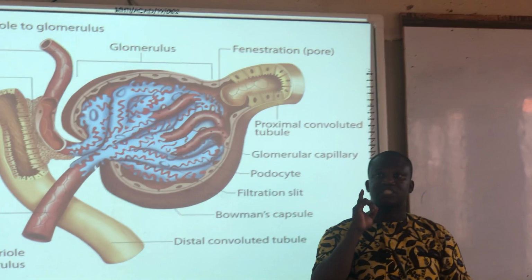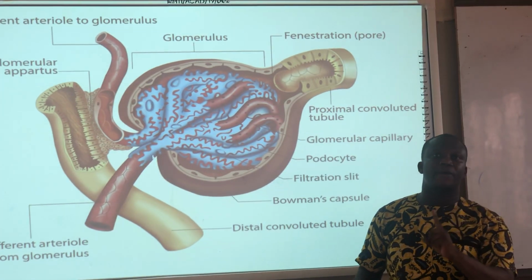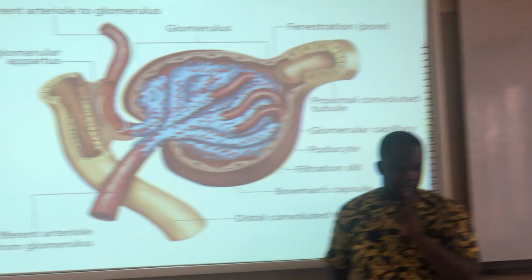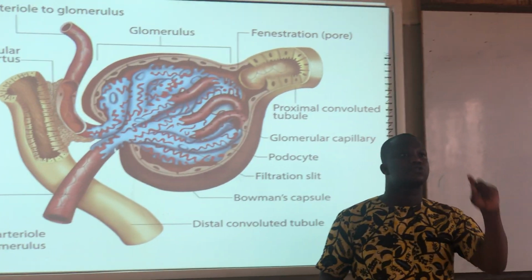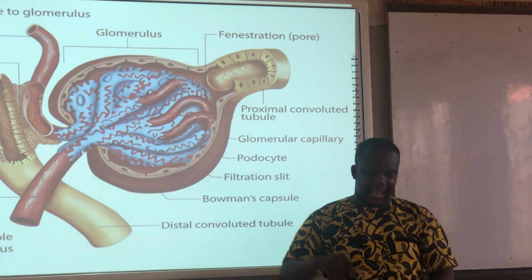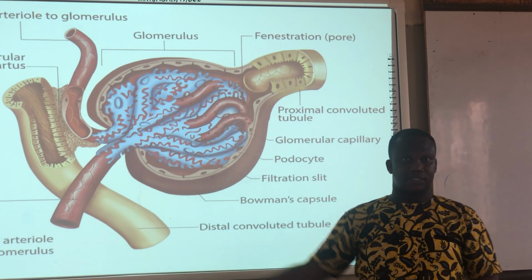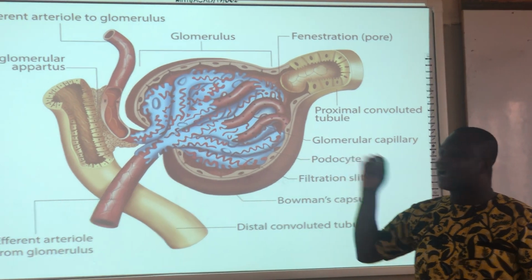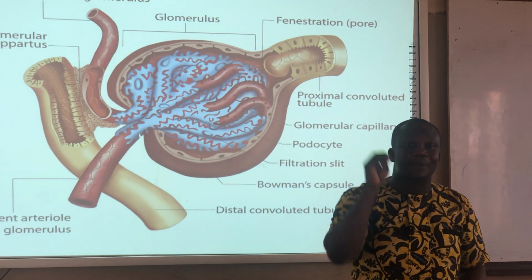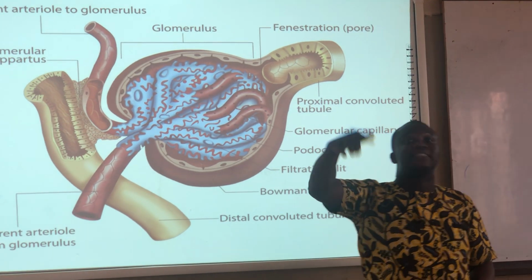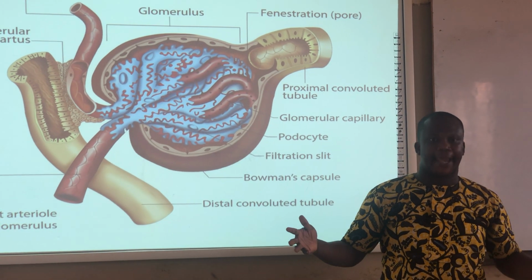Now, note that the glomerular capillaries are much more permeable to substances that are in the blood than the other capillaries. Why?